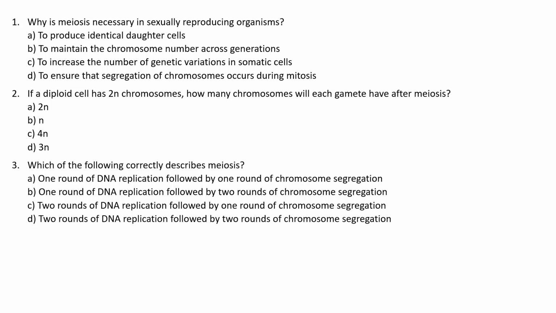Now, what is special in meiosis is that there are two rounds of chromosome segregation, right? In meiosis 1, you separate the homologous chromosomes, and in meiosis 2, you separate the chromatids of a single chromosome pair. So the option is B, the correct option. You have one round of DNA replication followed by two rounds of chromosome segregation. I hope that's clear for everybody, right?